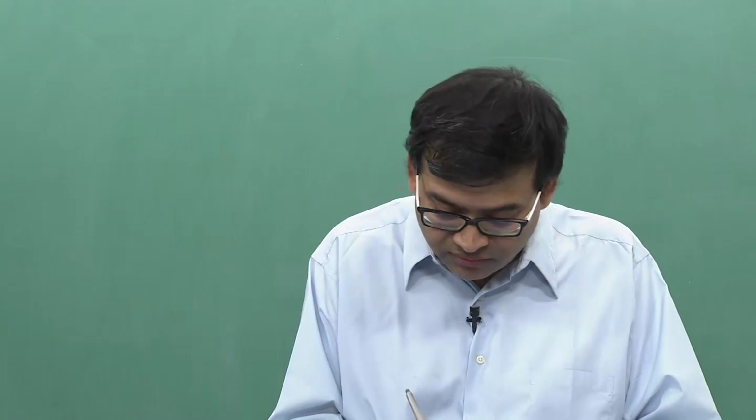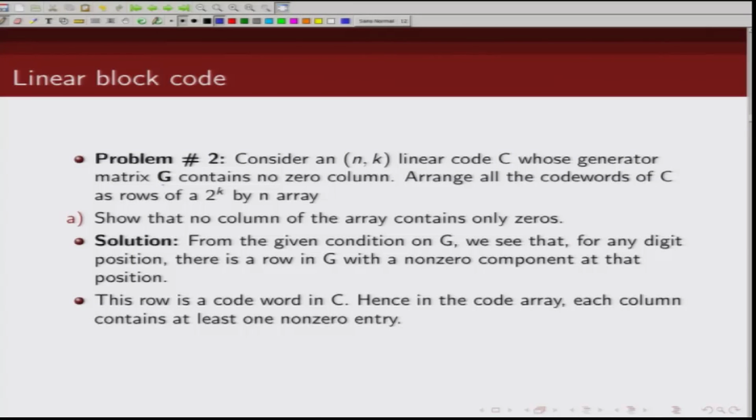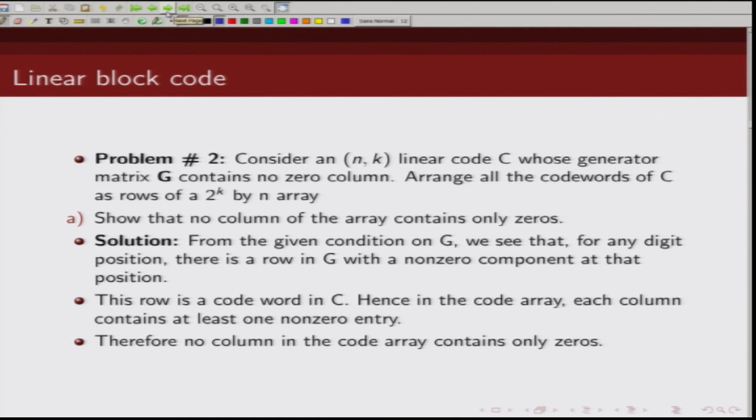This follows from the fact that our generator matrix G does not contain any 0 column, and hence no column in this code array will have all zeros.